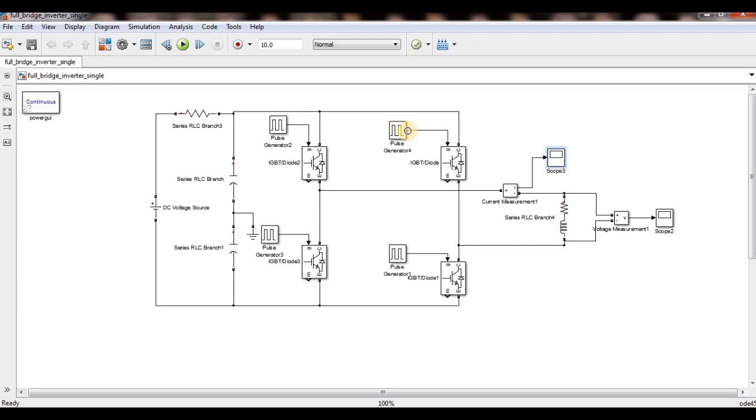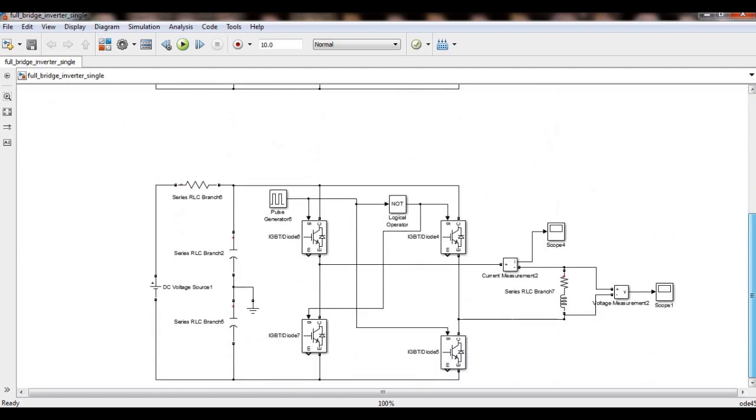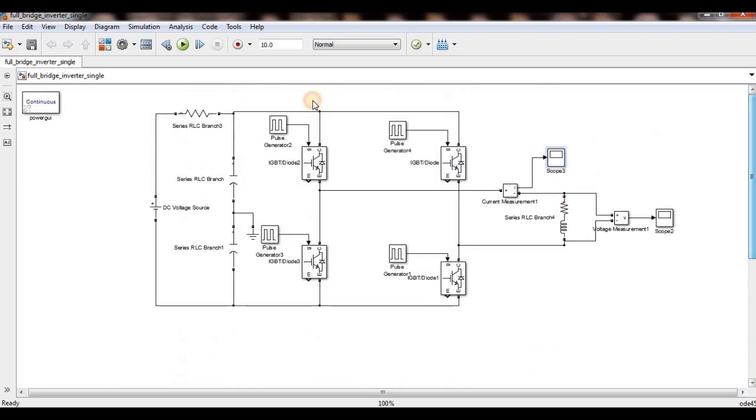See, here I am using 4 pulses, but actually only 2 pulses are needed, and I am giving them to 4 switches. But with a single pulse I can also make it work. See, with only a single pulse, because whenever these two switches are switched off, these two have to be on.